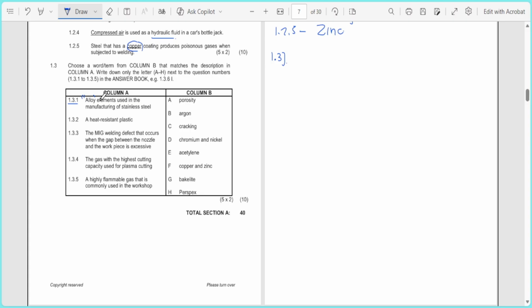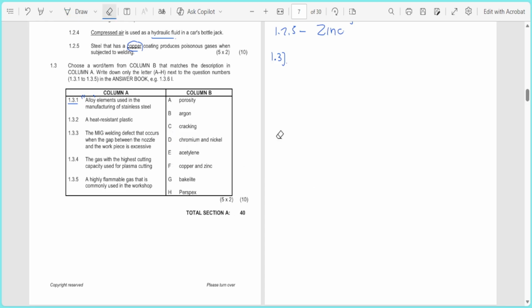Stainless steel is a tough piece of metal, and it's also resistant to corrosion to some extent. We have F as a possible answer, and D as another option. These are two metals combined to give us an alloy, but one of the two should be correct.